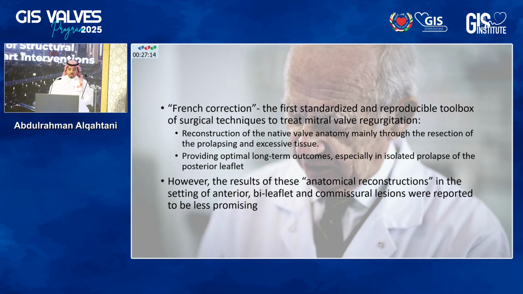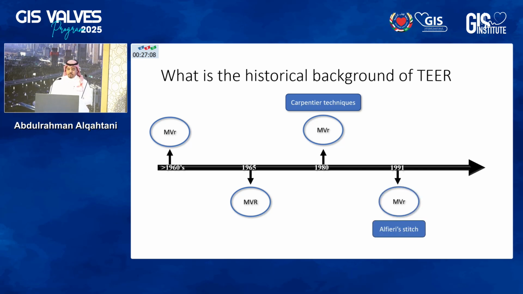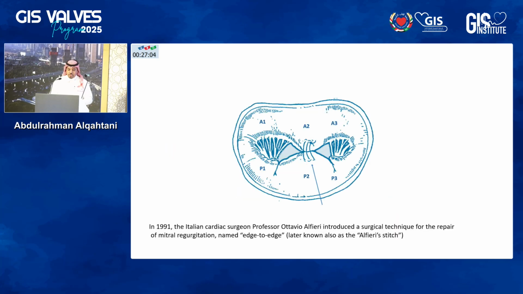That's not something it would work for. So moving forward 10 years later, Ottavio Alfieri introduced his famous stitch, known as the Alfieri stitch, which was approximation of A2 and B2, also known as edge-to-edge surgical repair.